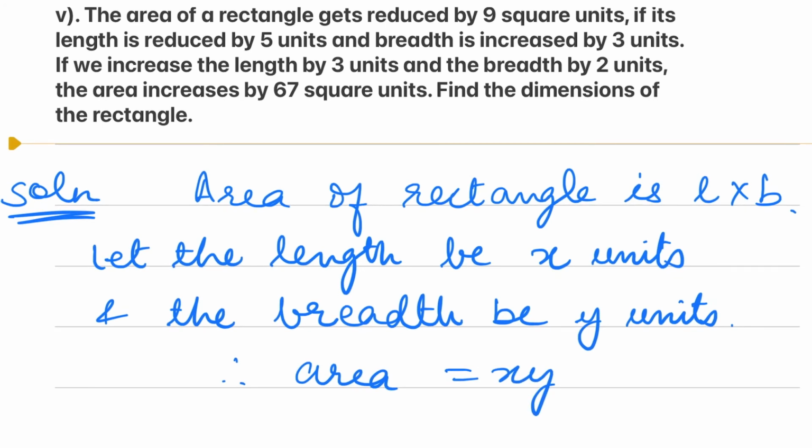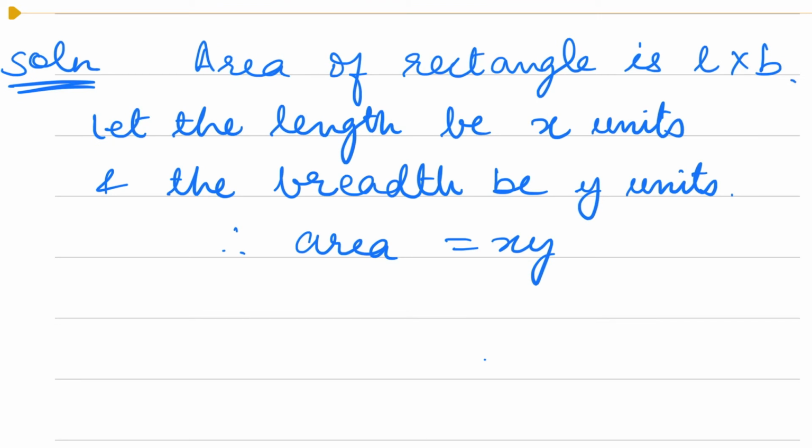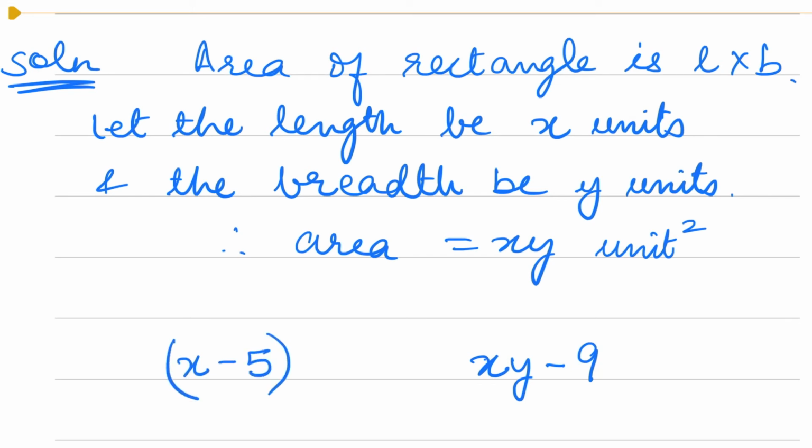So now first condition, when we go, area is reduced. So xy is the area reduced by 9 square units, because this will be unit square, if its length is reduced. So length is x reduced by 5 and breadth is increased by 3. So y plus 3. So this is one equation, right?